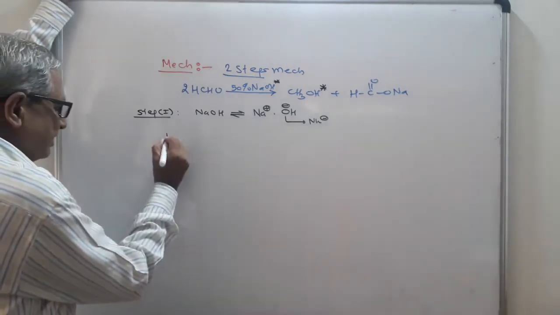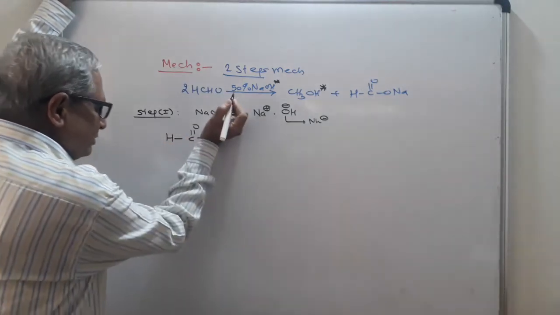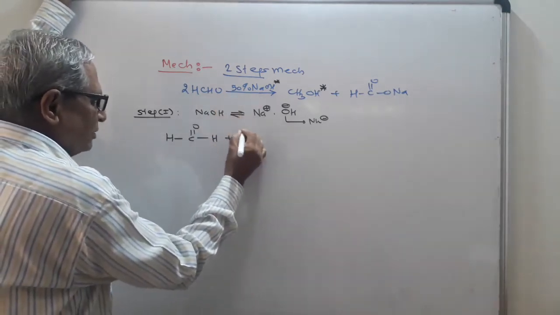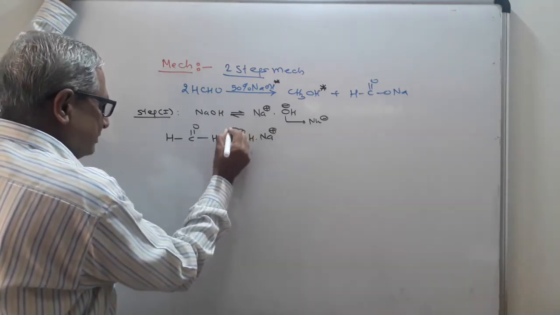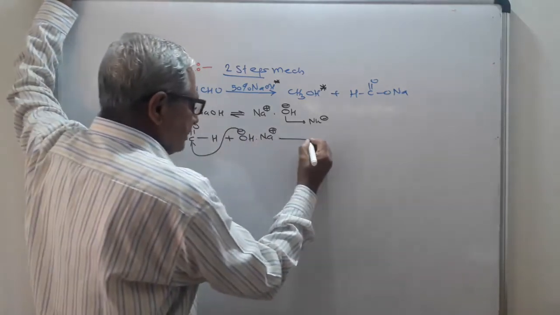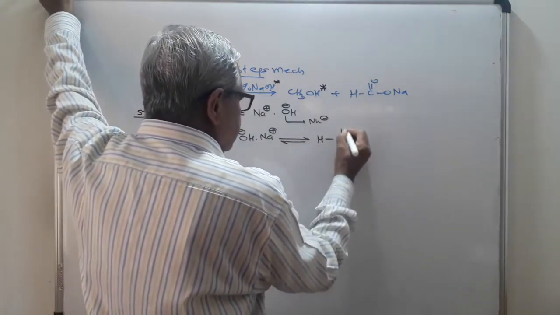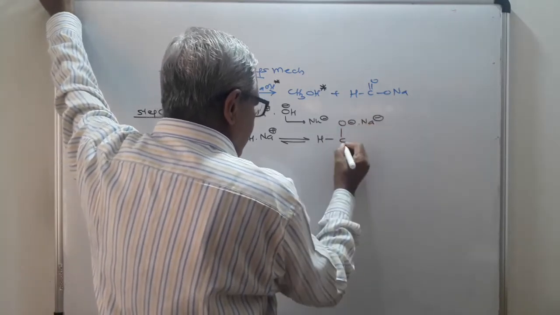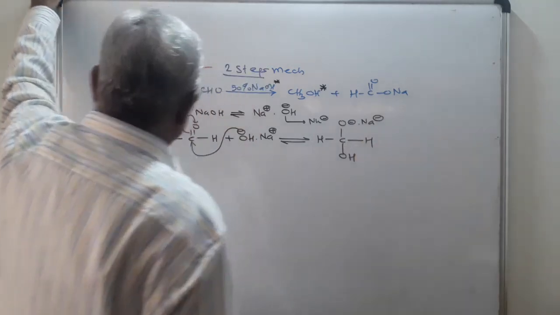Now see the first reaction, H, C double bond O, H. This is the first molecule of formaldehyde. You react it with OH-, which acts as a nucleophile. This is the nucleophilic attack. It is a reversible reaction. You will get the intermediate here. A new carbon-oxygen bond formation takes place.